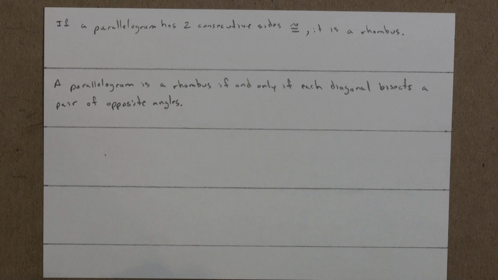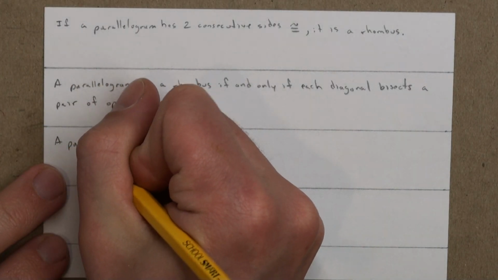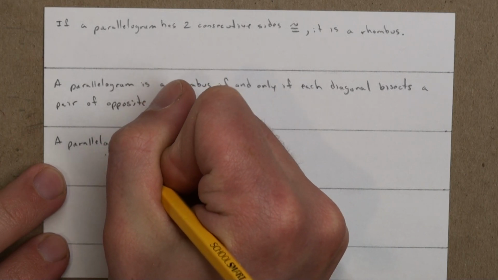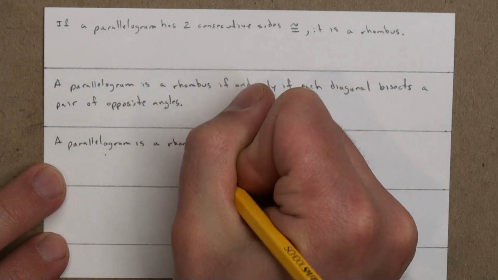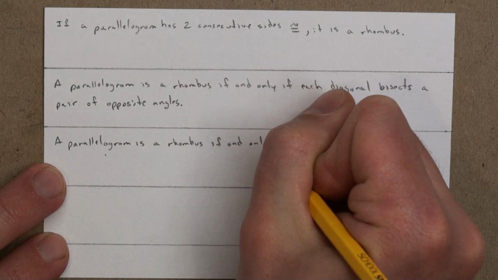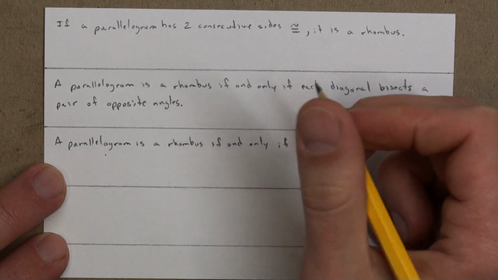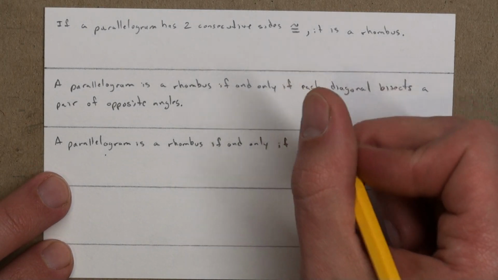A parallelogram is a rhombus if and only if each diagonal bisects a pair of opposite angles.